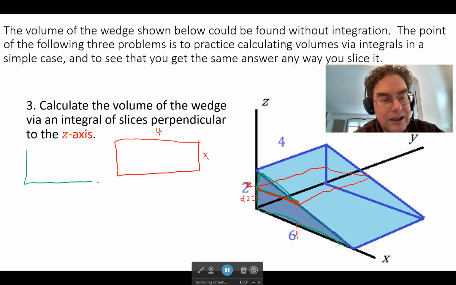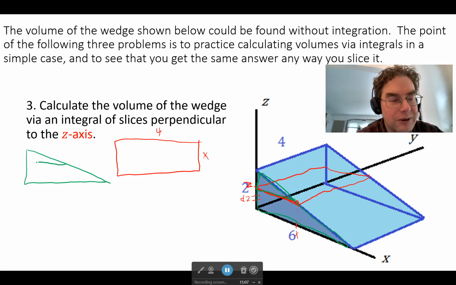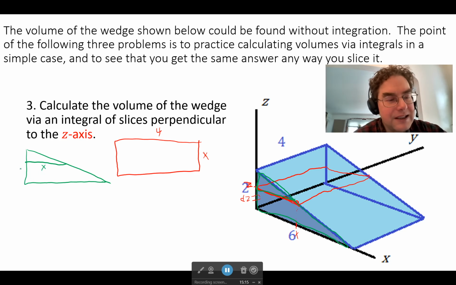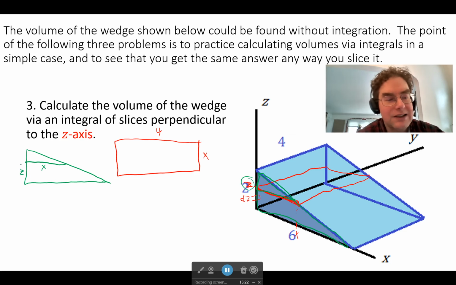So again, this is an alternative to using the slope-intercept form like we were doing before. So we got two triangles like this. Here is the x value we are interested in, and we're slicing at some height z. So this would be z here on the z-axis. So that height would be z.